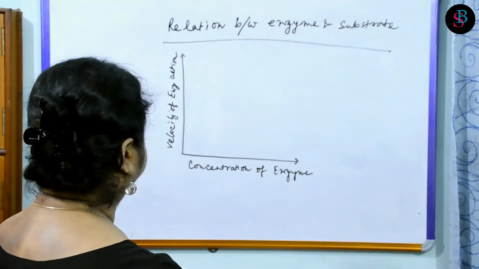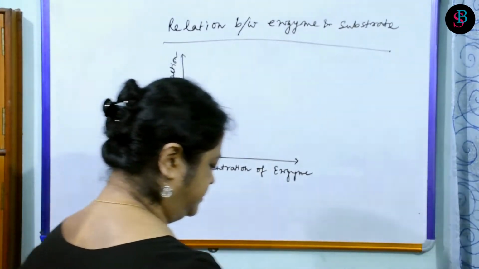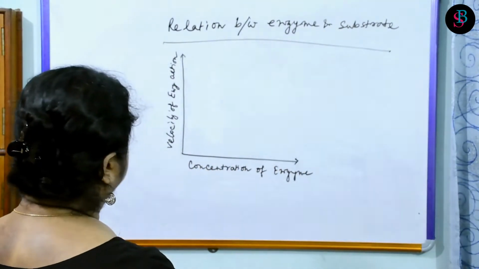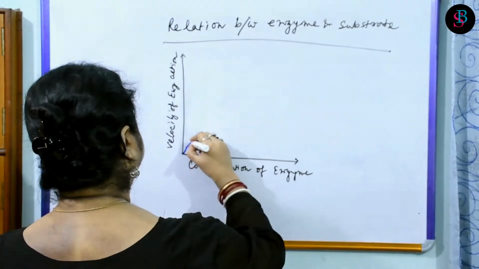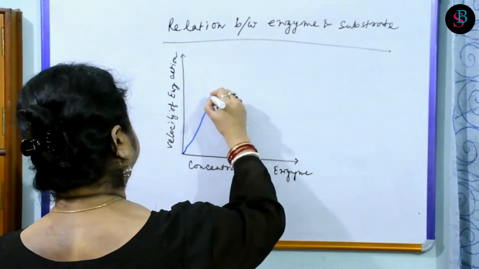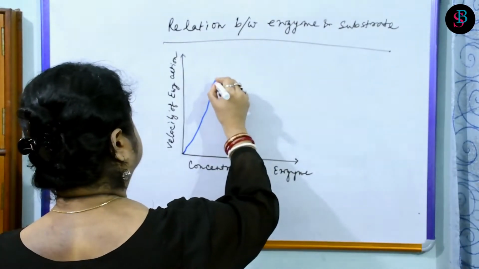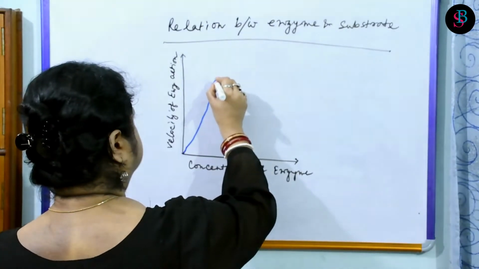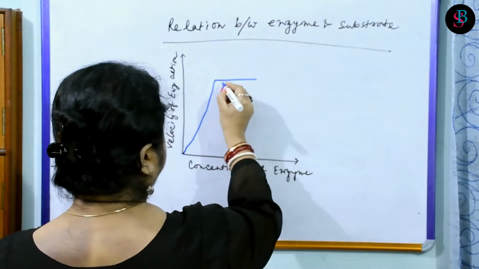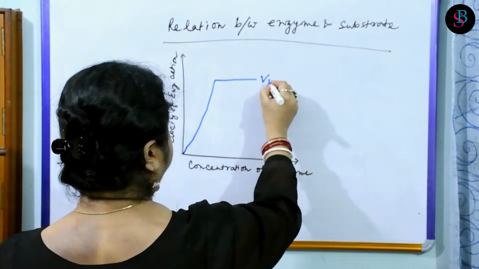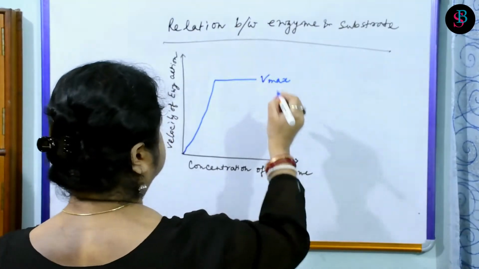Suppose there is a curve in this manner. It's going upwards. This is the maximum velocity of the enzyme. Suppose this is the maximum velocity, then it will be indicated as Vmax.